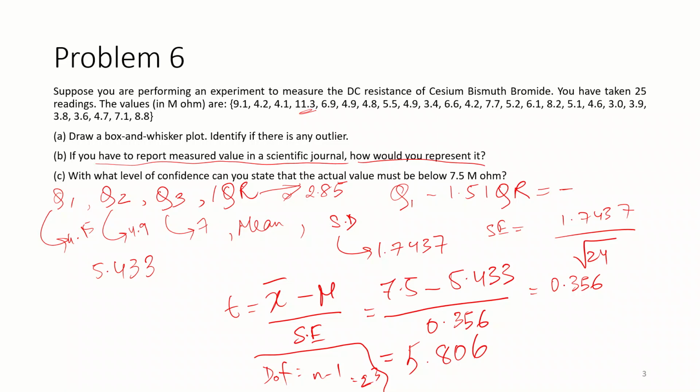Sometimes in the question it is given like 95%, but here it is not given. 95% you can take as a kind of standard, but you can't always tell it like that, because some questions may have 99% or 90, 97, 99.